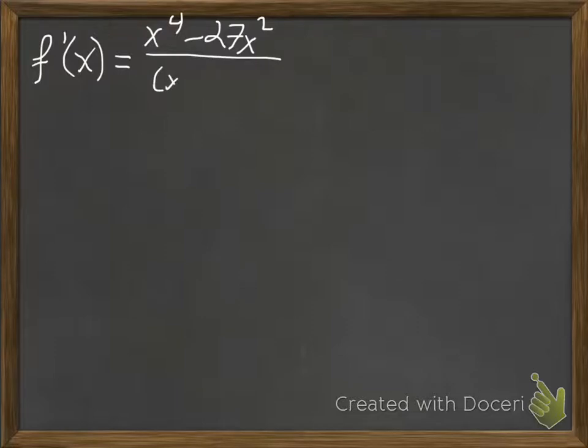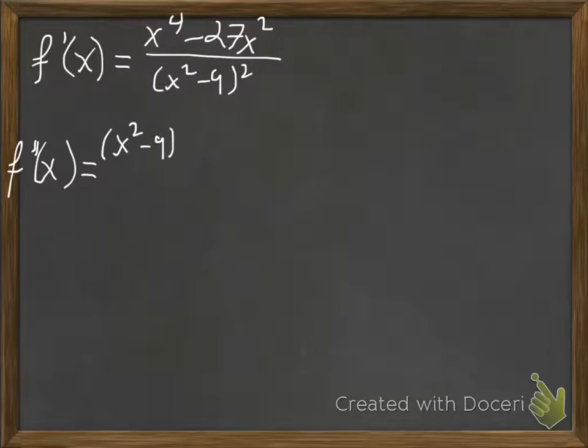So first we'll write the first derivative over again, and then we'll just take the derivative of the first derivative. So it's going to be low, which is the x squared minus 9 quantity squared, times the derivative of the top, and the derivative of the top is 4x cubed minus 54x, times the high, oops, should just be 54x. Sorry, we get excited sometimes and add in a little bit of extra things.